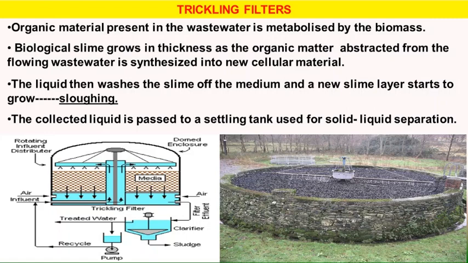So there is a constitutionally liquid matter coming, which is abstracting the solid waste, and wastewater is synthesized into new cellular material. Liquid is then washed with slime of the medium and a new slime layer is generated. The collected liquid is passed to a settling tank used for solid liquid separation. So this way they are continuously working.